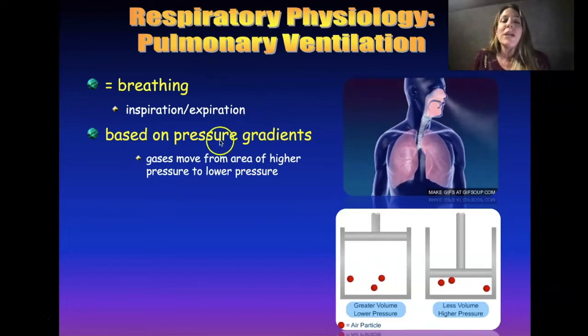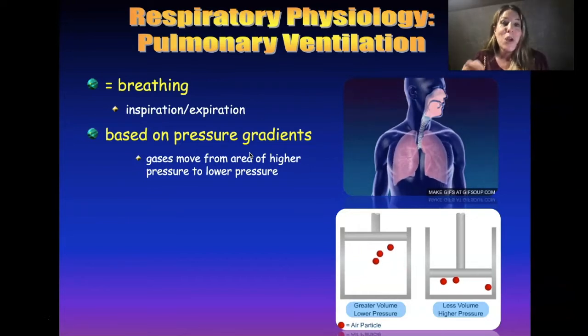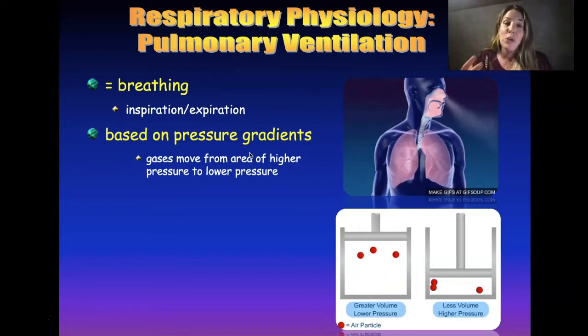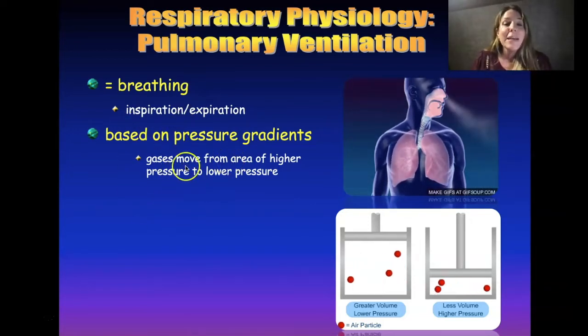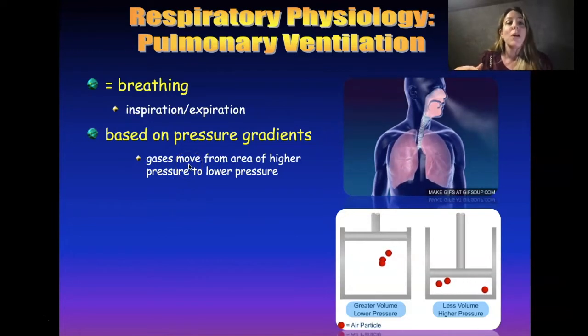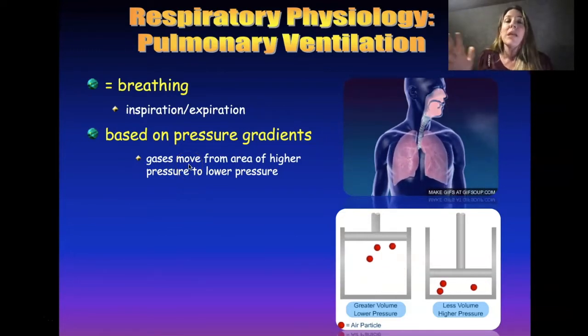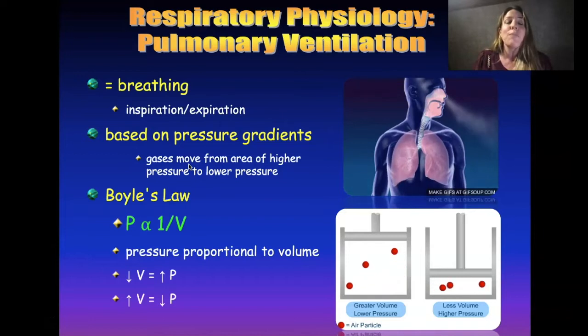Well, a pressure gradient is a similar idea, except instead of concentration of molecules, we're talking about the pressure put on molecules. So just like with concentration gradients, in pressure gradients, gases want to move from an area where they have higher pressure to an area where the pressure is lower. And related to this is the relationship between pressure and the volume of the container that the molecules are in.